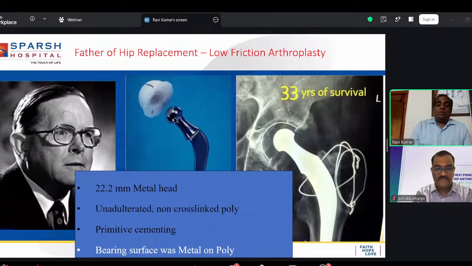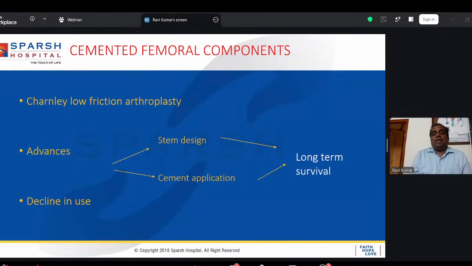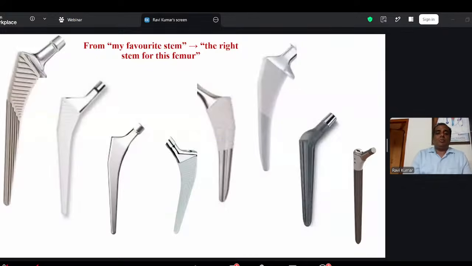But of course, in the present scenario of India and the world, it does not depend upon a single philosophy, like one stem design should fit all the problems. It should be individualized as per the femoral anatomy and so many things.